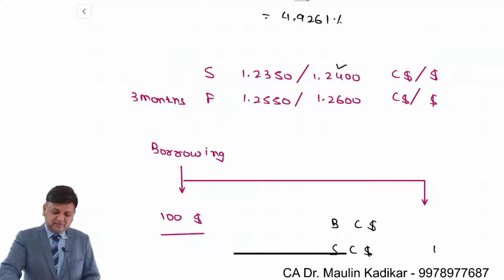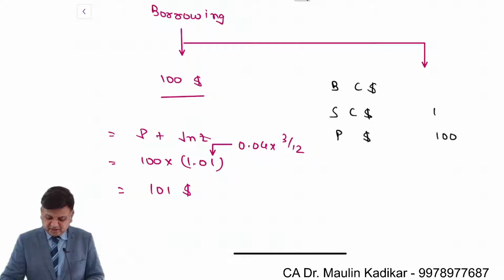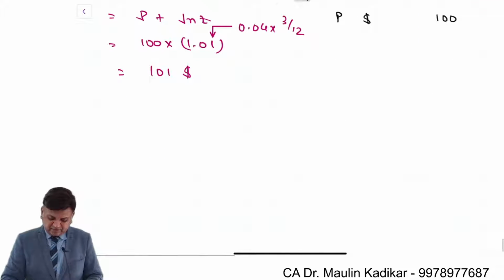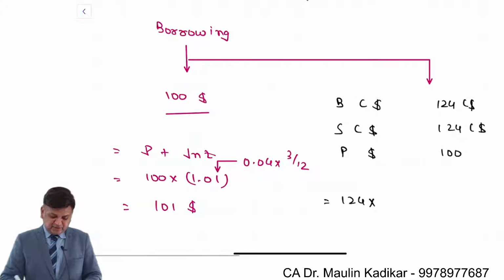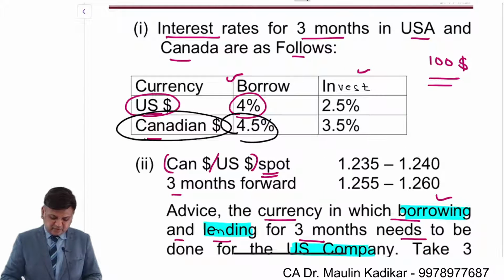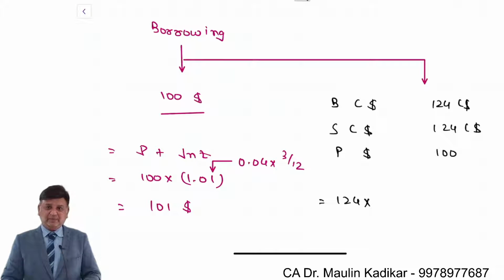So 1.24 into 100, the answer is 124 Canadian dollar. So 124 Canadian dollar is required to be borrowed. The rate of interest for Canadian dollar borrowing is 4.5 percentage, so it is 1.125 percentage for 3 months.